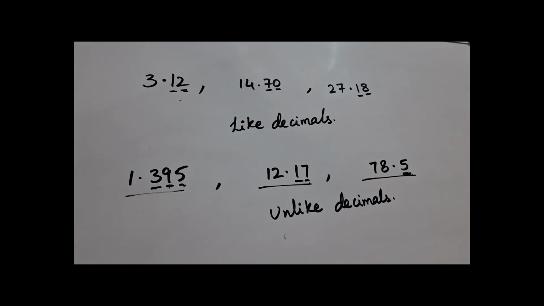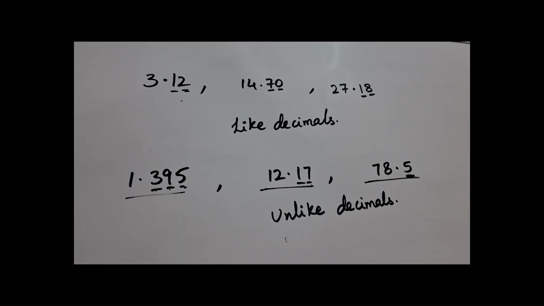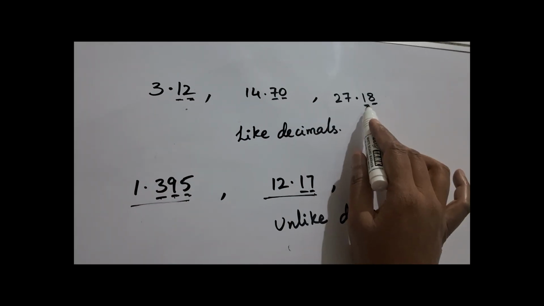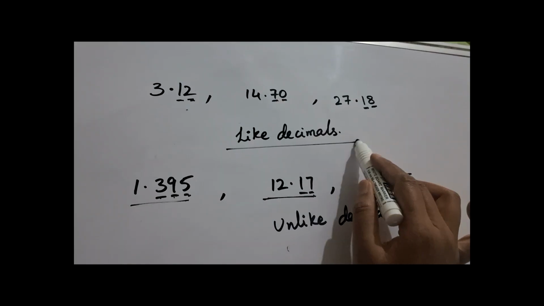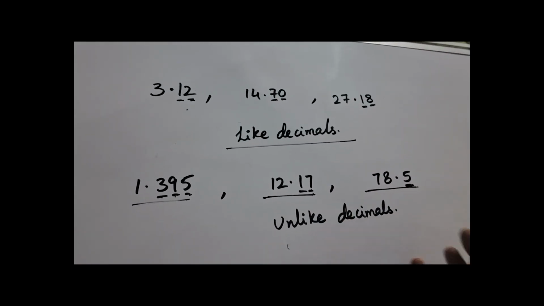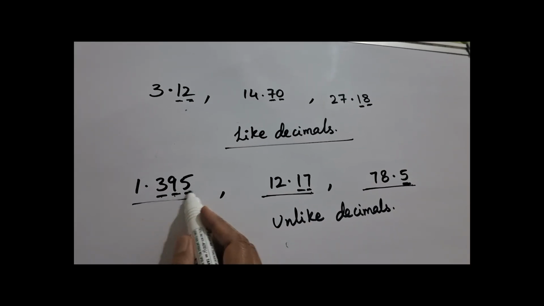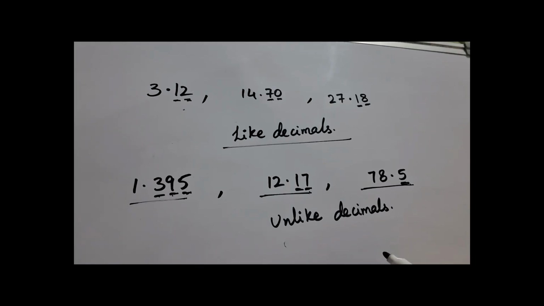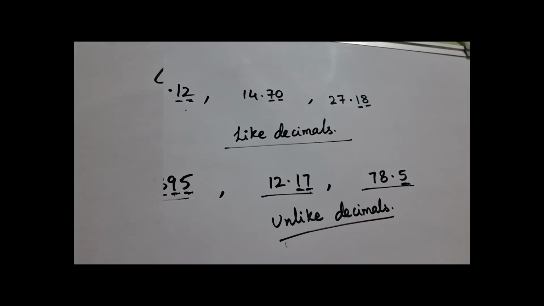Unlike decimal numbers. Okay, children. Now you understood what are like decimals and unlike decimals. The decimal numbers which are having same number of decimal places are called like decimals, and 2 or more decimal numbers which are having unequal number of decimal places, those are unlike decimals.